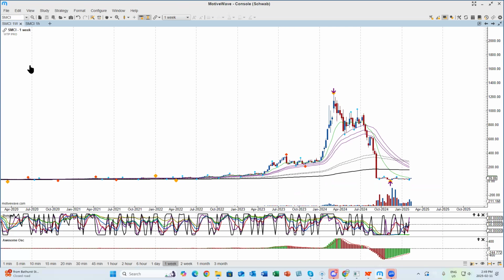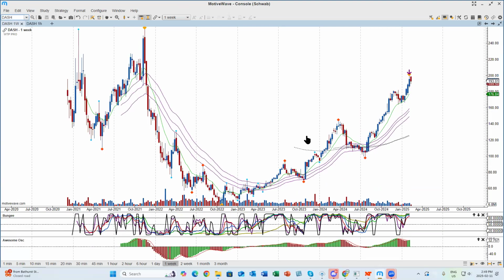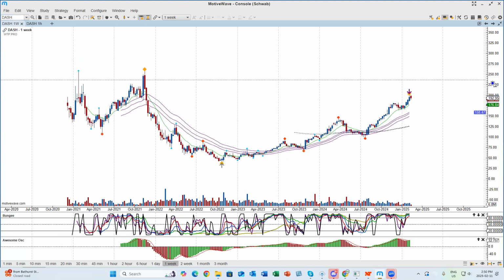It's not corrected. I can't look at that. Let me look at another one. This data is not the best. Dash. Data is not corrected. All right, we'll look at Dash. That's also coming out.